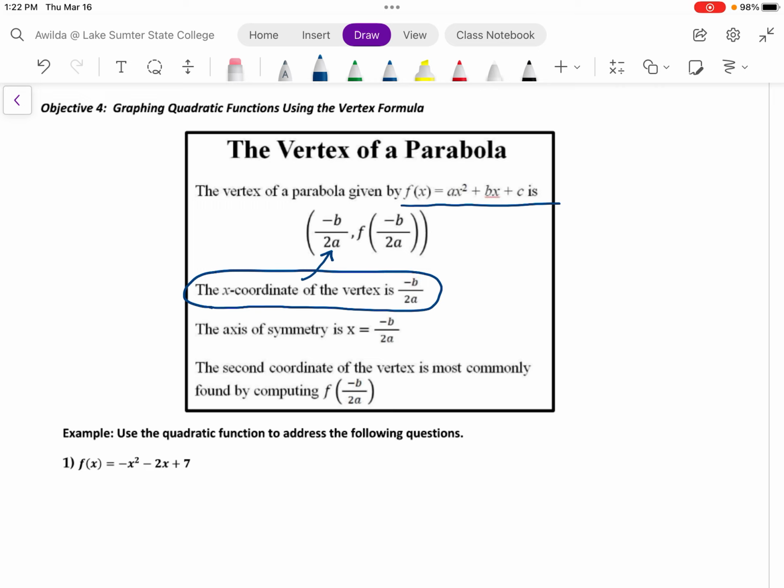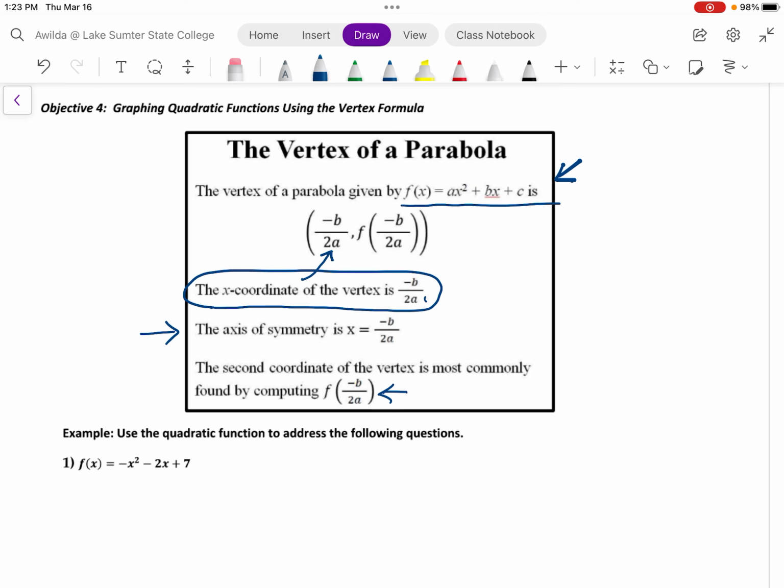Once I find that x-coordinate, I simply have to substitute that back into the equation to find the corresponding y value. And that's what this says right here. Substitute whatever x-coordinate you found for the vertex, or in other words, substitute h, back into the equation to solve for k. The axis of symmetry, of course, is the vertical line that passes through that x-coordinate.